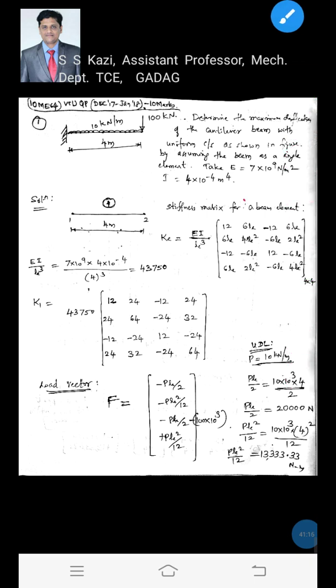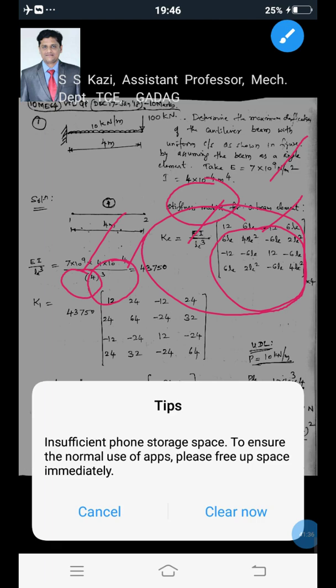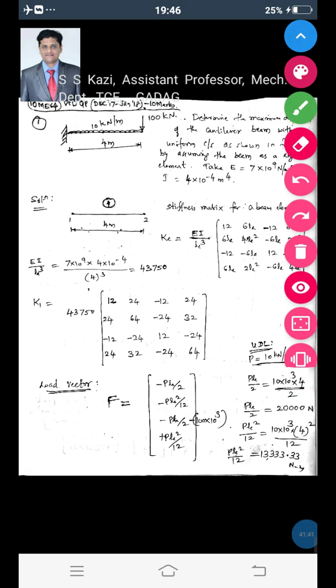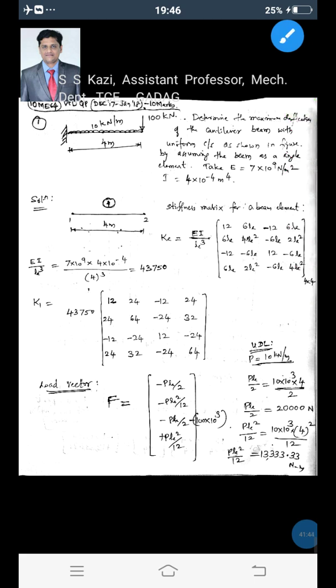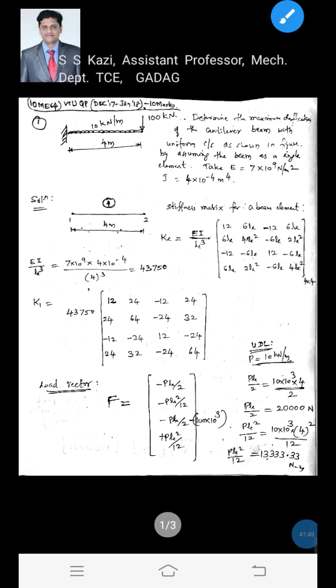Now use the formula for the stiffness matrix of the beam element, EI by L cube, with all the 16 terms. Just substitute the values. The Young's modulus given is 77 into 10 raised to 9 Newton per meter square, and the moment of inertia is 4 into 10 raised to minus 4 meter raised to 4.